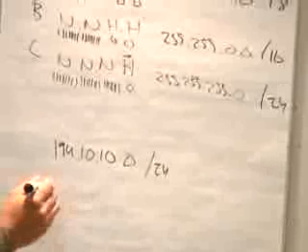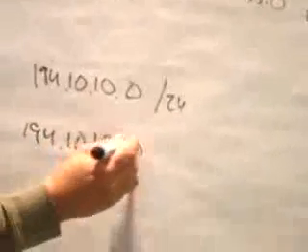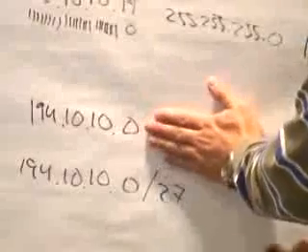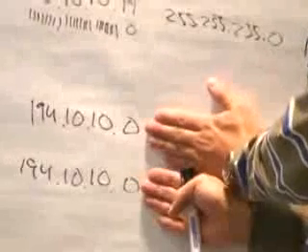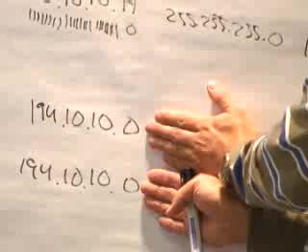Now, if I subnet that into 27-bit masks, the first subnet would be this one. Now, if I don't understand subnet masks, what's the difference between this network and that network? Is there one?